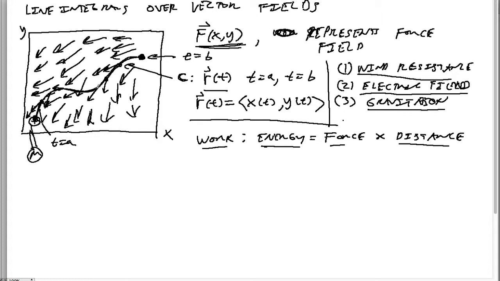As we move our particle of some type through that field, the force it experiences might change direction slightly as we're moving along that path, and so we have to find a way to compute the energy as that force over the distance, where the distance now is a curved path, and the force might not be constant. So the distance itself will be a curved shape of some type, defined by C, and the force may not be constant over that space.